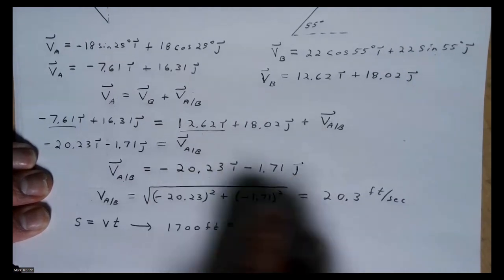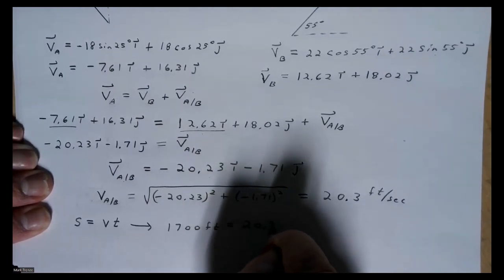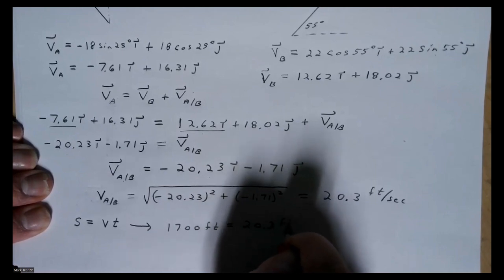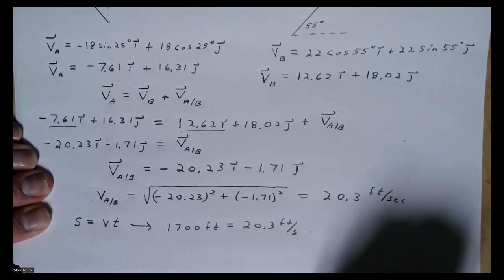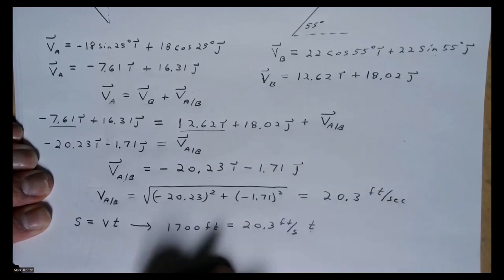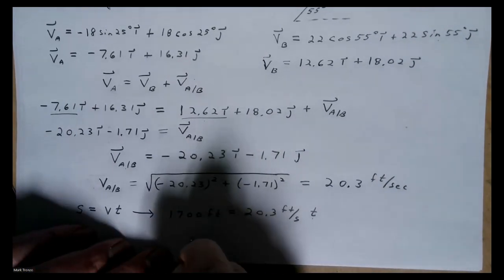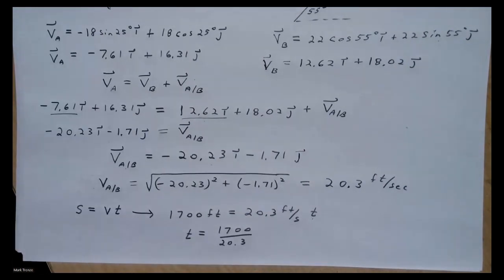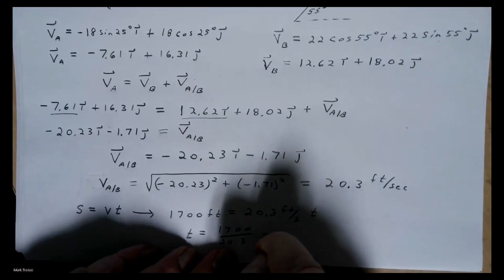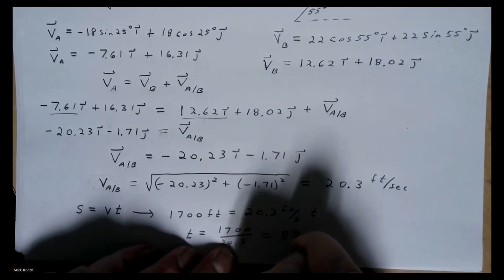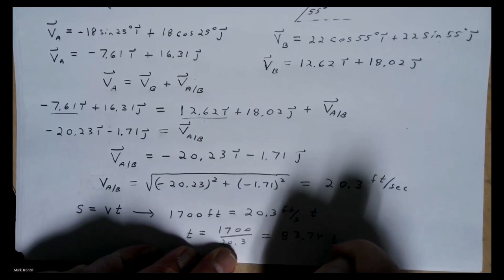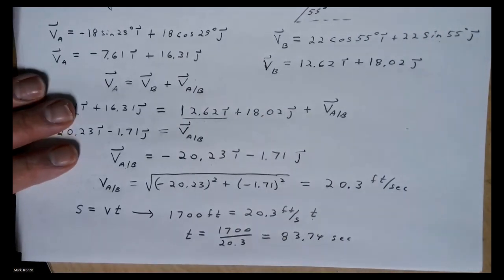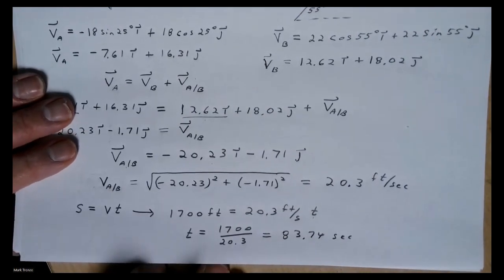We have the velocity here as 20.3 feet per second times t. And if we divide, I got 83.74 seconds. That's when they're going to be 1,700 feet apart.